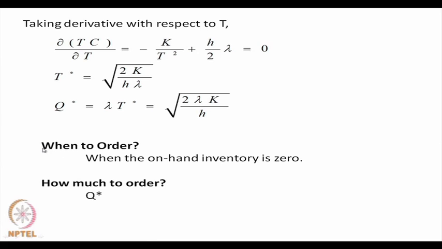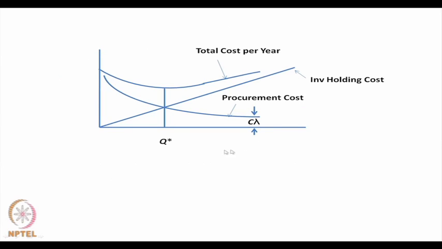So, from here we answer two questions. When to order? We order when the on hand inventory is 0. And how much to order? We order Q star, which is equal to root over 2 lambda K divided by H. Now, here we are showing how the costs vary with the amount of Q. As Q increases, the inventory holding cost increases, but the procurement cost reduces.